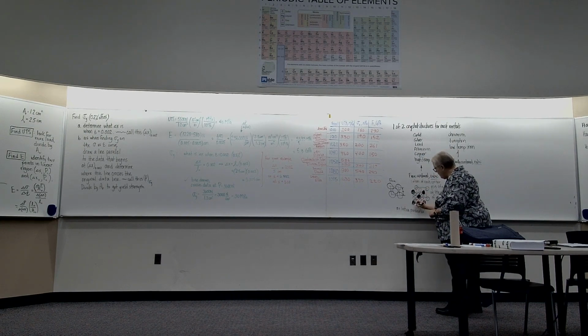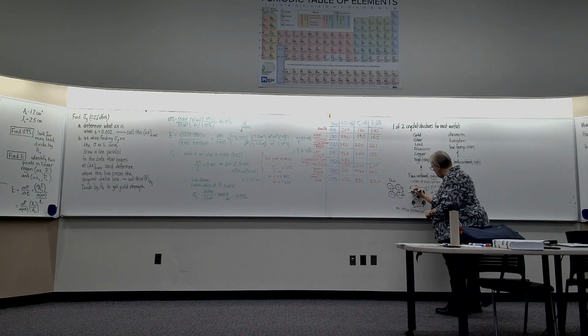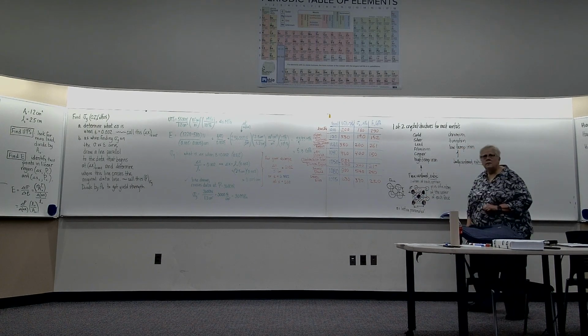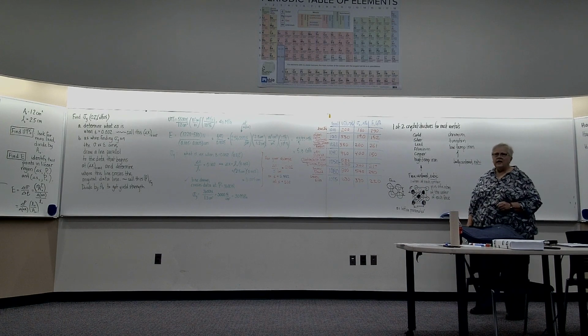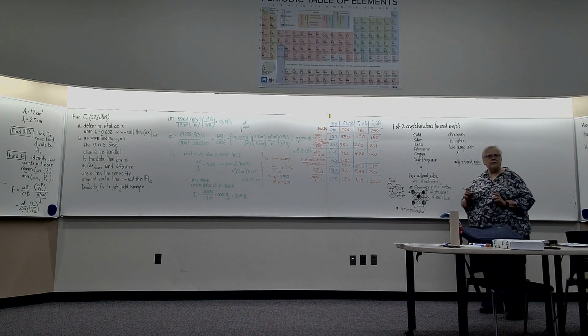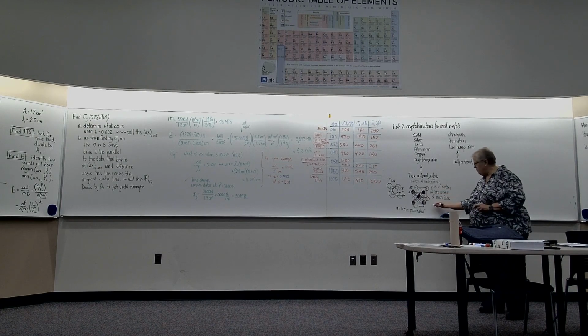So in 3D space, this is also A, and this is also A. The lattice parameter A is the height, depth, and width of what's called the unit cell.